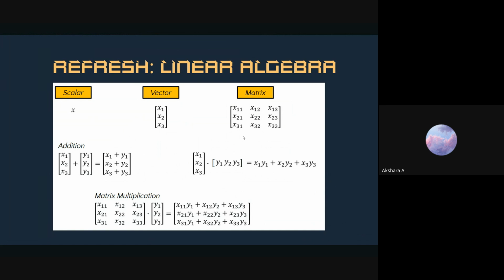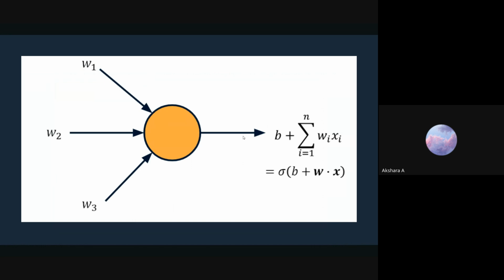For a matrix multiplication, you have to make sure that the number of columns in the first one is the same as the number of rows in the second one. My bad. And you get an output which has the same number of rows as the first one and columns of the second one. Yeah, that's correct. You have to keep note of this when you do matrix multiplication.